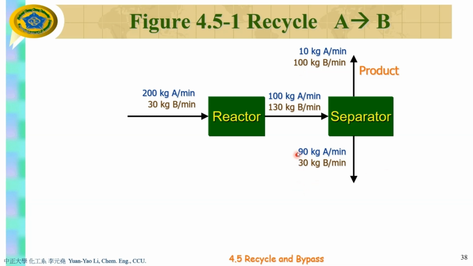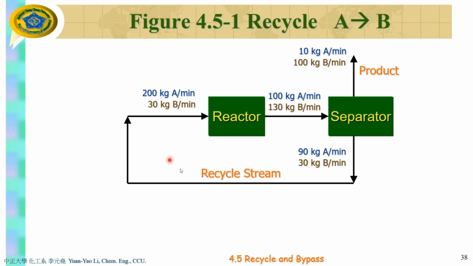Okay, so now this is the recycle stream going back to this stream. This is a joint point, which is 90 kilograms and 30 kilograms per minute of A and B, together with the fresh feed, which is 110 kilograms A per minute.